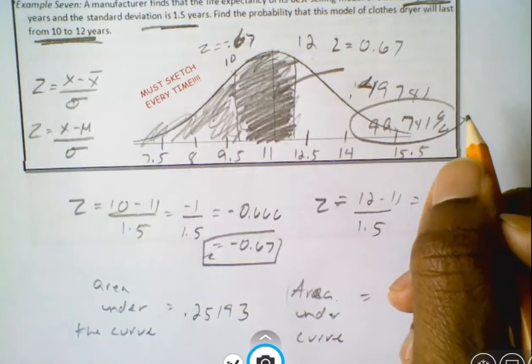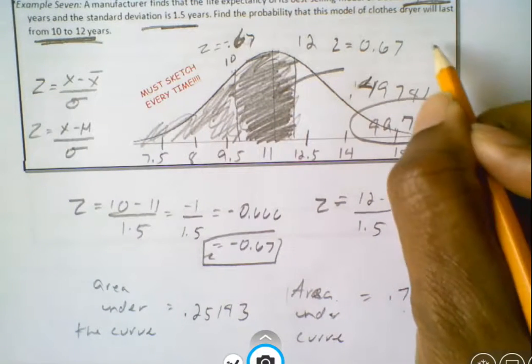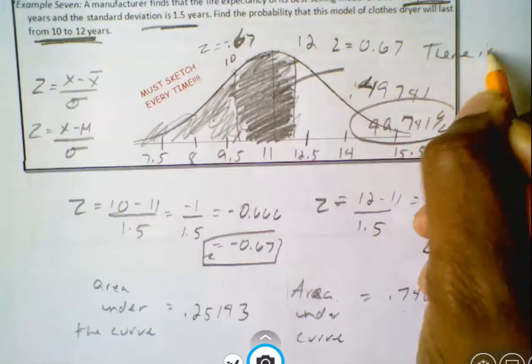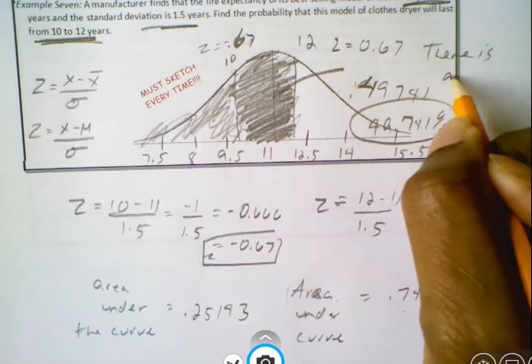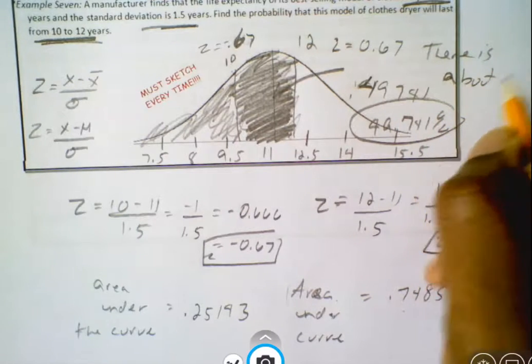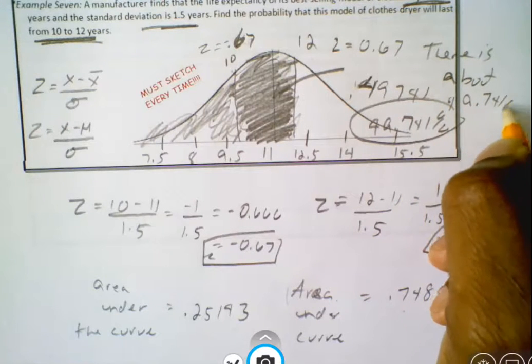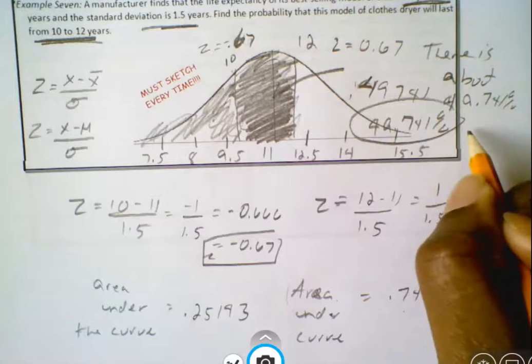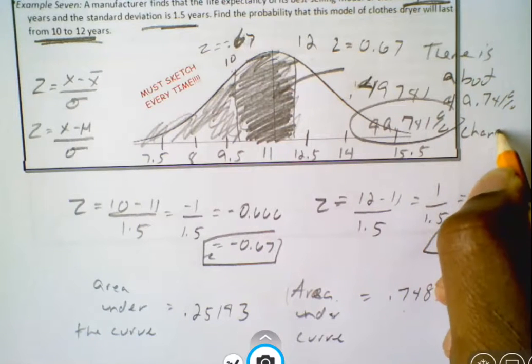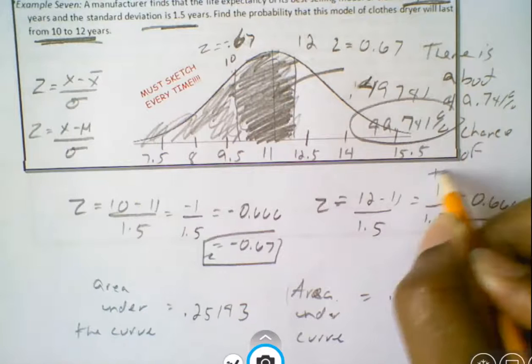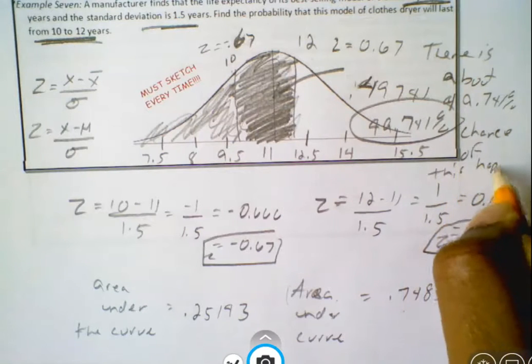Again, we like to answer our questions in statistics as a sentence. So we'll say there's about a 49.714% chance of this happening. And that's it.